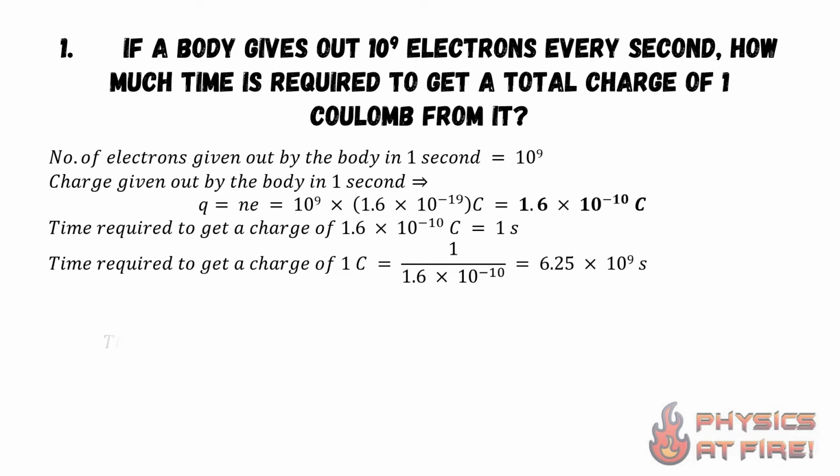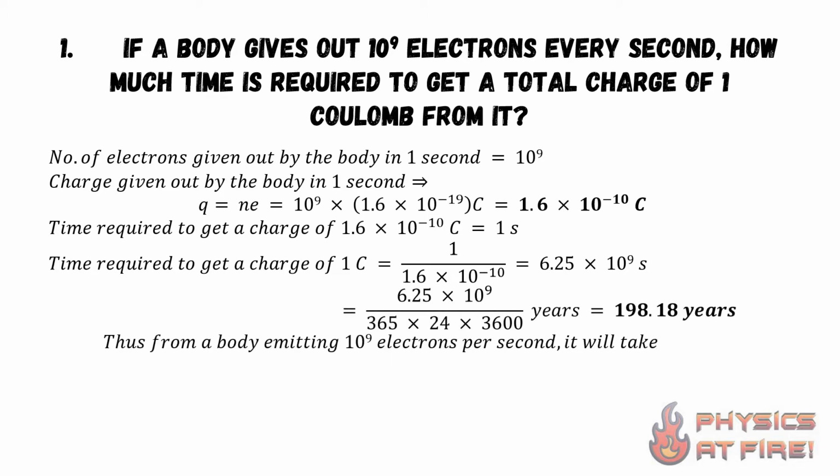Now, time required to get a charge of 1.6 into 10 raised to power minus 10 coulomb is equal to 1 second. Now, time required to get a charge of 1 coulomb is equal to 1 by 1.6 into 10 raised to power minus 10, that is equal to 6.25 into 10 raised to power 9 seconds, which is 6.25 into 10 raised to power 9 by 365 into 24 into 3,600 years, in which we will get 198.18 years.